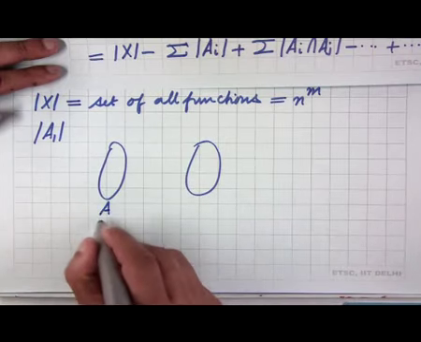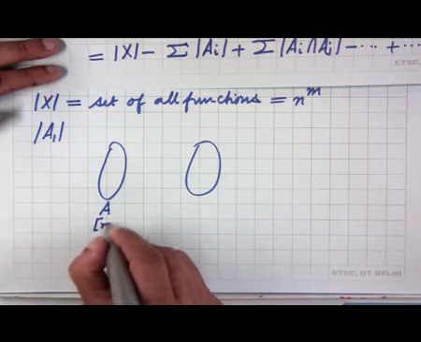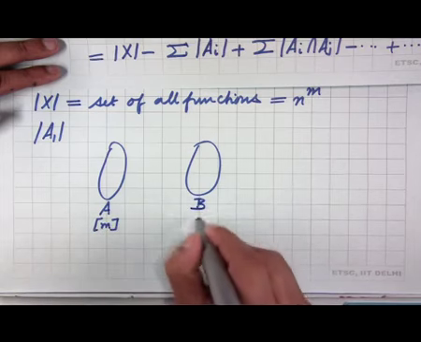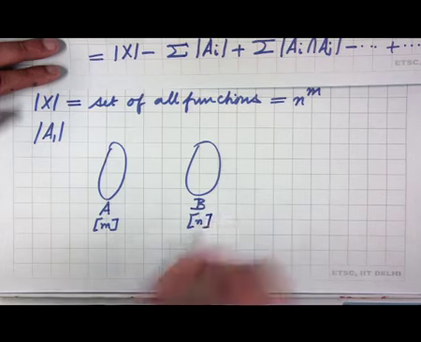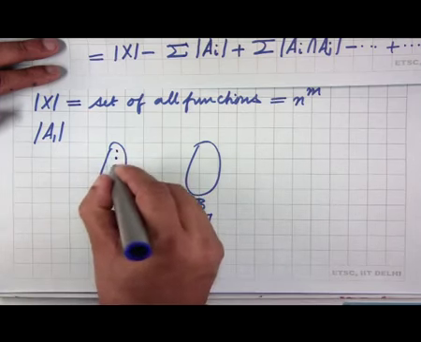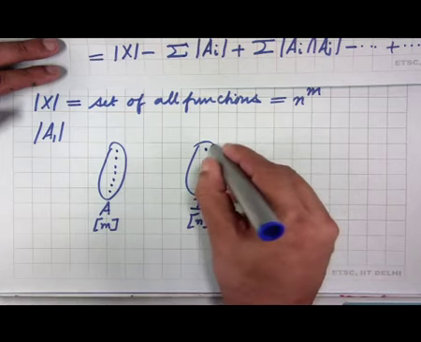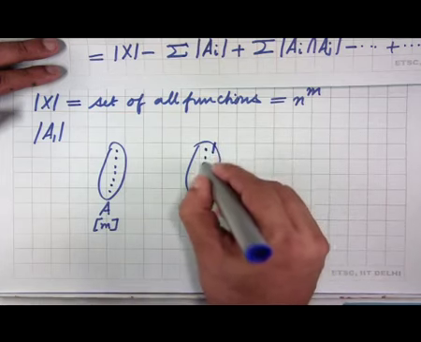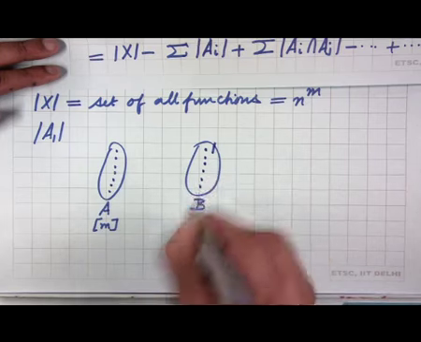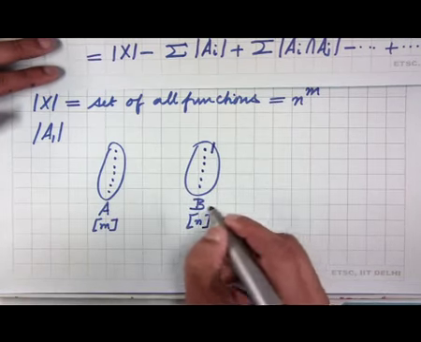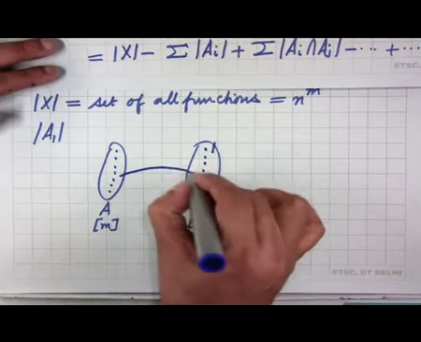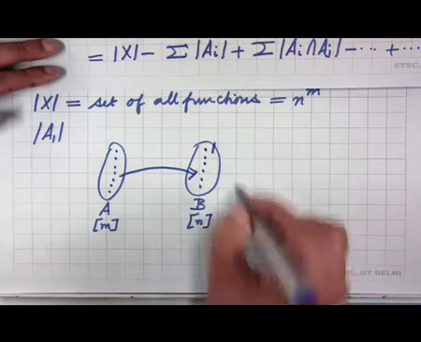Here A has m elements. Here B has n elements. So I put the elements of A as dots out here. I have 1 in B, which is the first element, and then there are n minus 1 other elements. Now, I'm looking at functions that go from A to B, but 1 is not in the range.